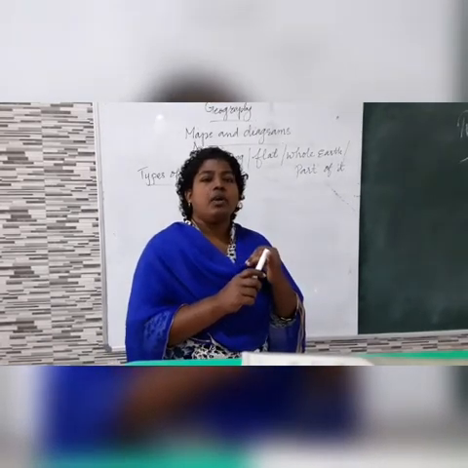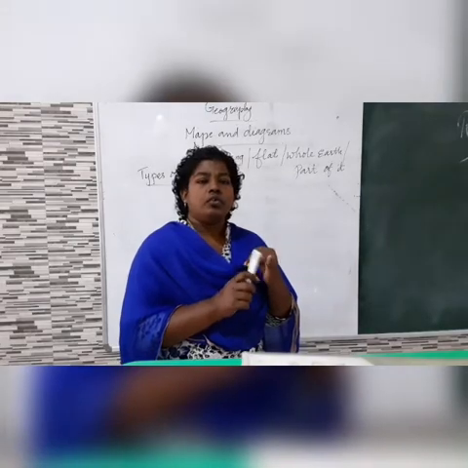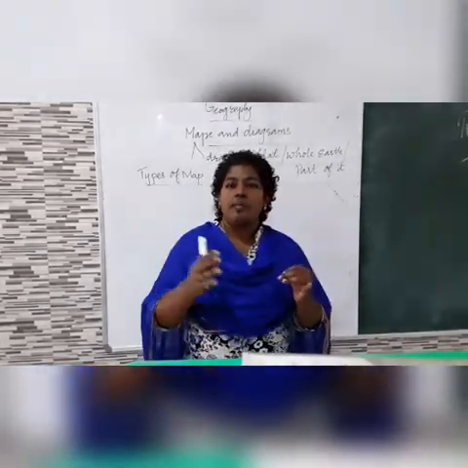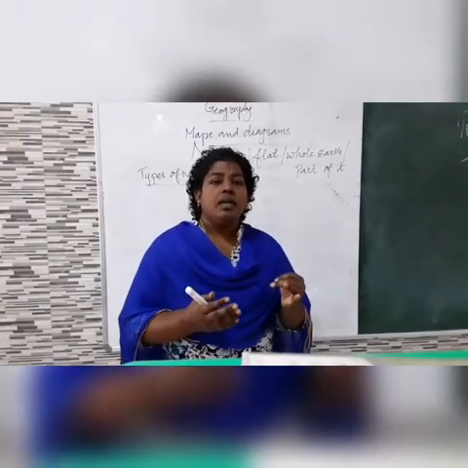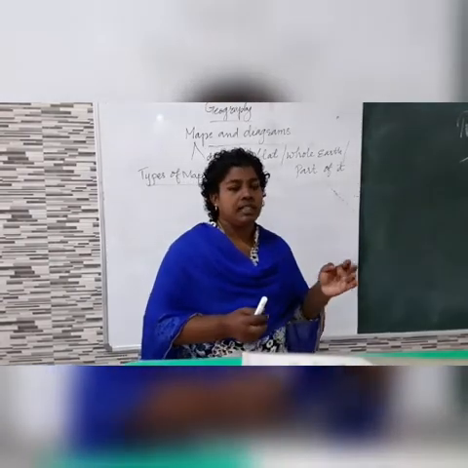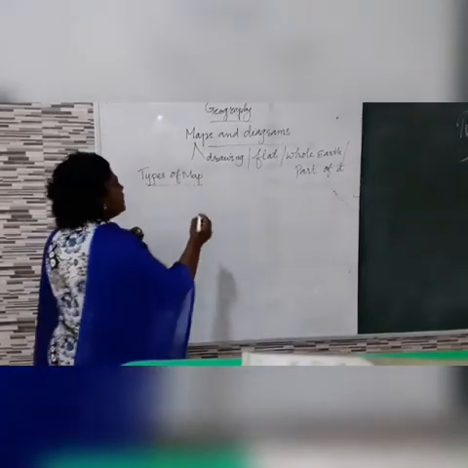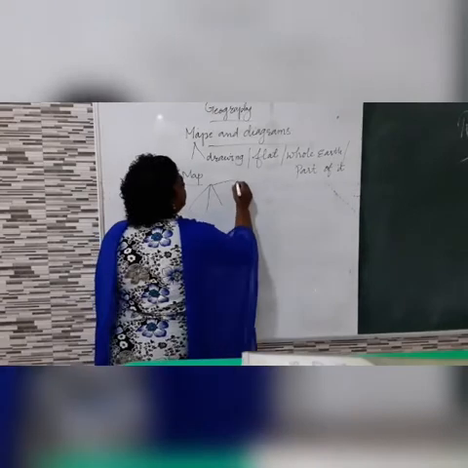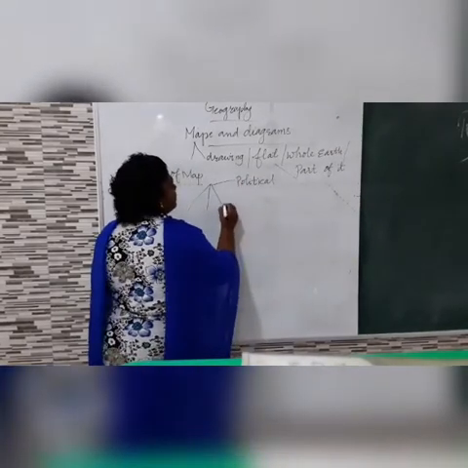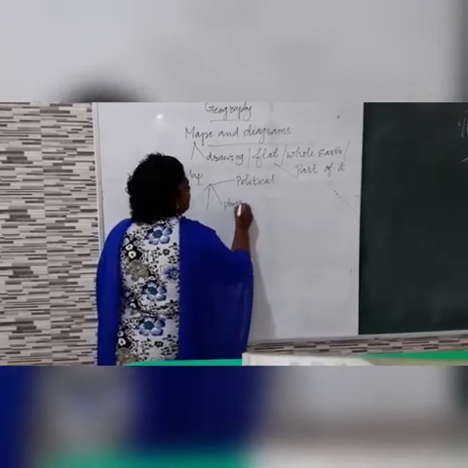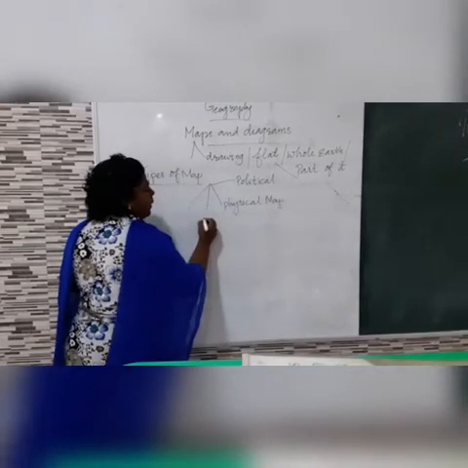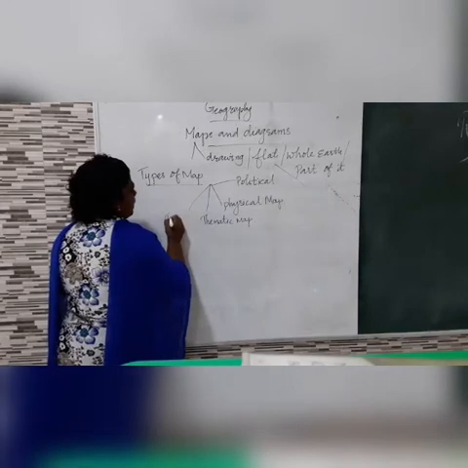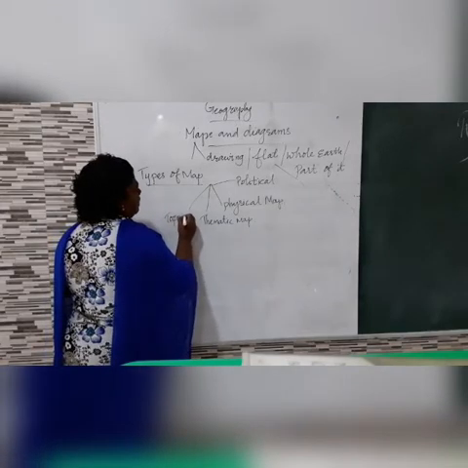If a map is drawn for tourist purposes, it is called a tourist map. If only climatic conditions are drawn on a map, we call it a climatic map. Did you understand? Now, what are the different types of map? First one is political map, the next one is physical map, then thematic map, and the other one is topographical map.